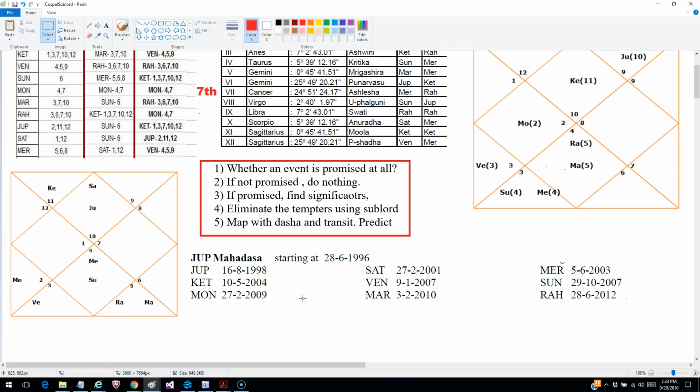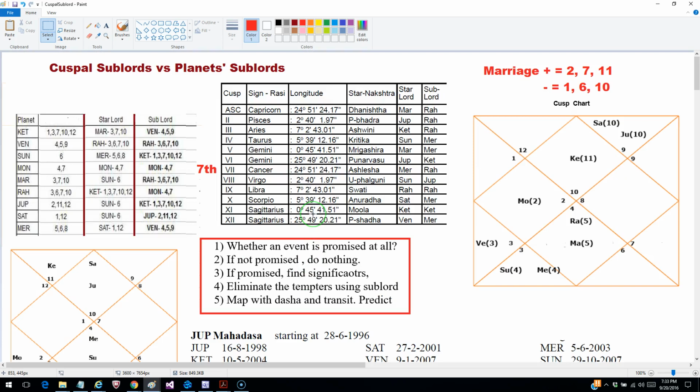I don't treat it as a wrong prediction. I would still treat it as a very astounding prediction. And so that is all in this video about the Cuspal sublord and the planet sublord, and what their role and significance is.